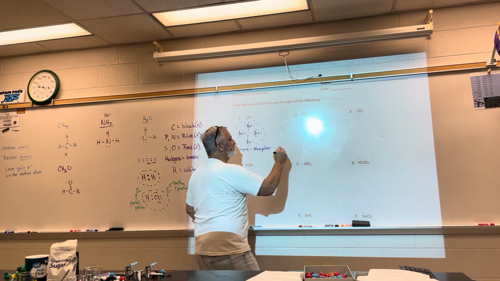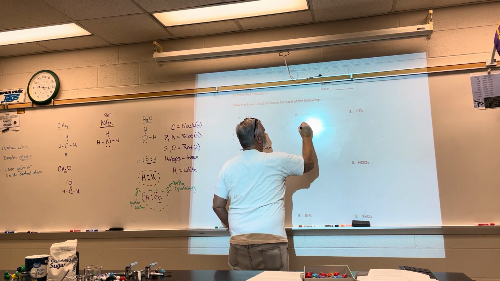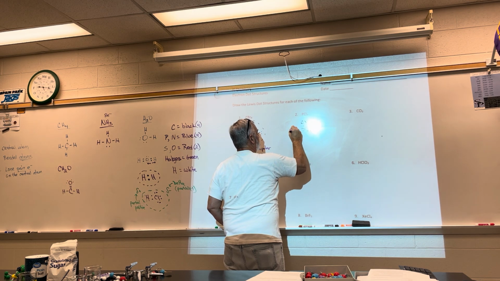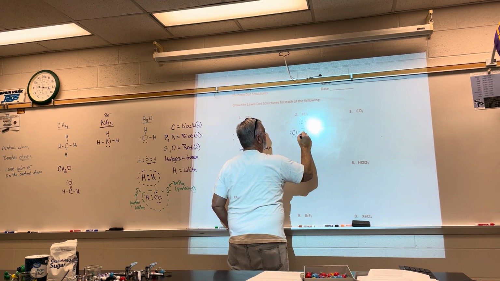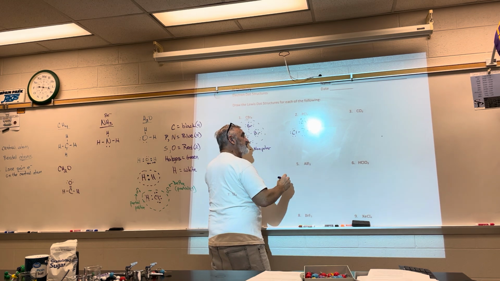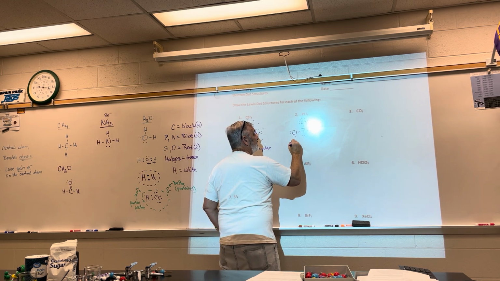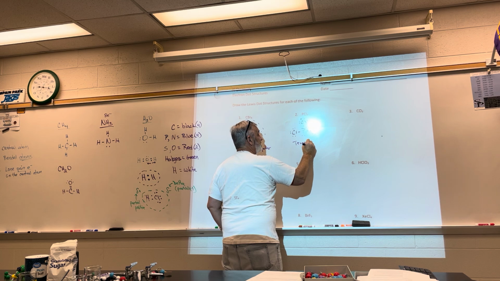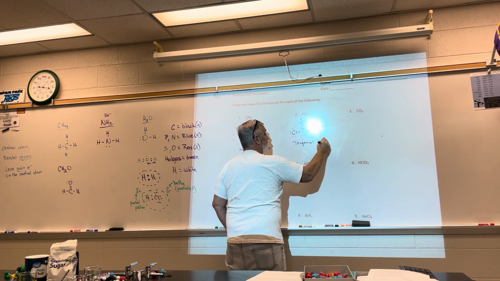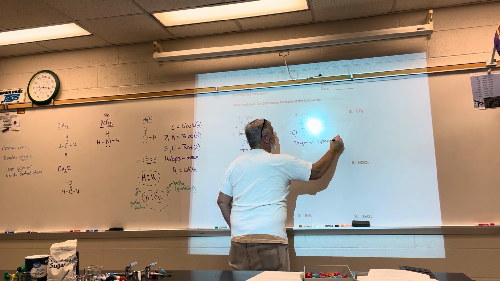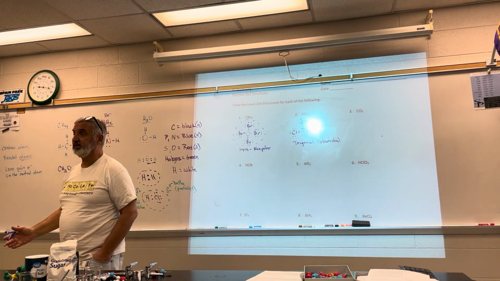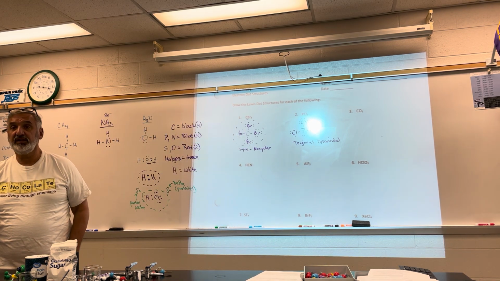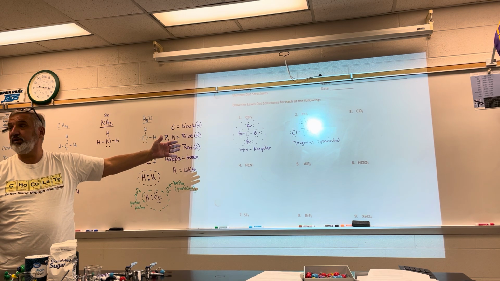But on PCl3, it looks like this. You already did the shape, it's trigonal pyramidal. Do we have a polar bond? Yeah. It's 3.16 minus 2.19.